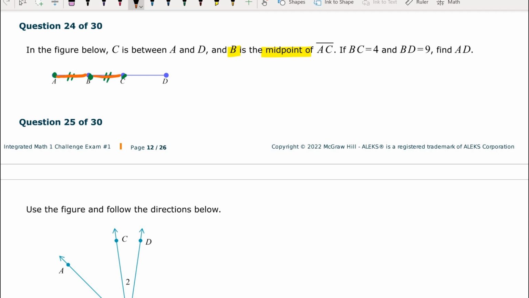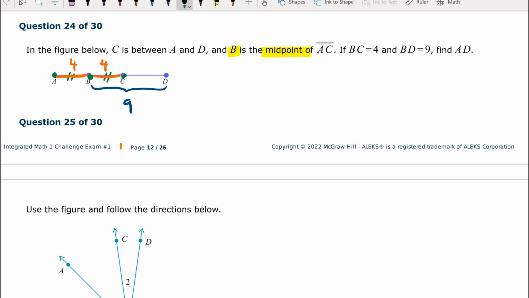They give you BC is 4, so AB is also 4 because B is in the middle. And BD is 9. Find AD. So they want you to find the full length.